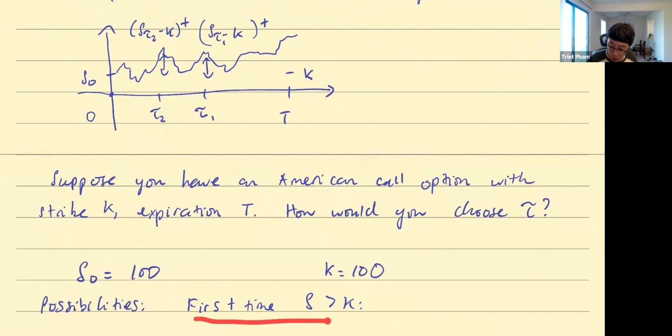Suppose that this is what you choose, then when you exercise, if you really go with this, what is tau here? I would argue that maybe you don't realize it, but essentially you're saying tau equal to 0. Do you agree?